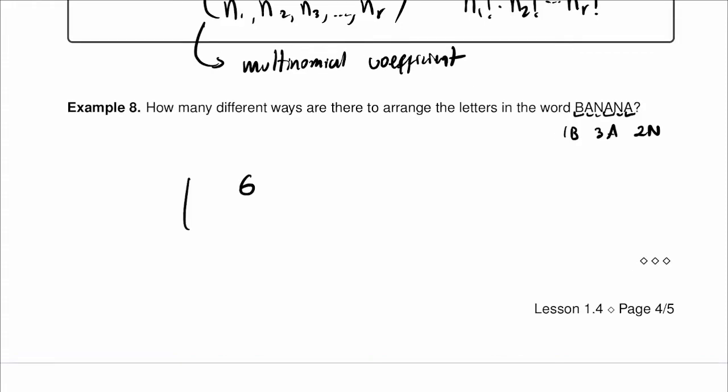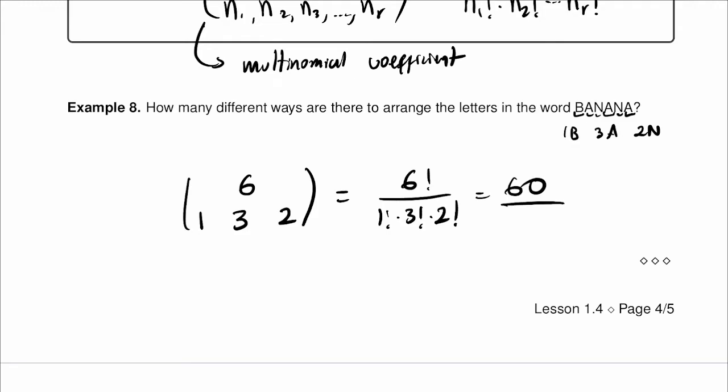From the 6 elements in total, we are picking 1 B, 3 A, and 2 N. And this is going to be 6 factorial over 1 factorial times 3 factorial times 2 factorial. And this is 60.